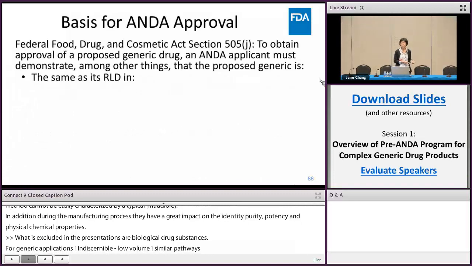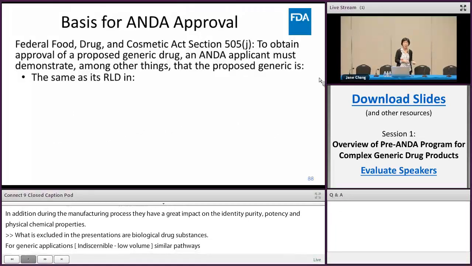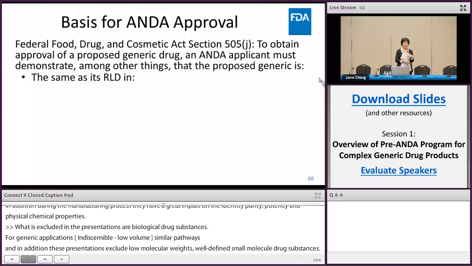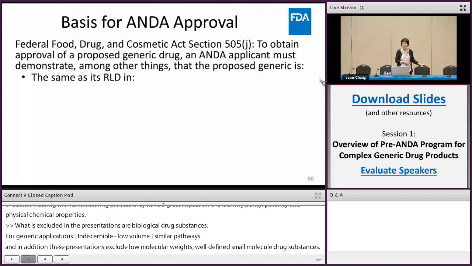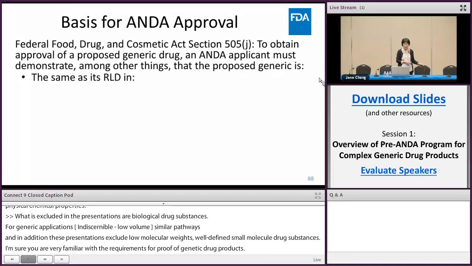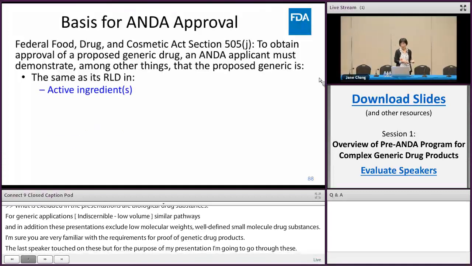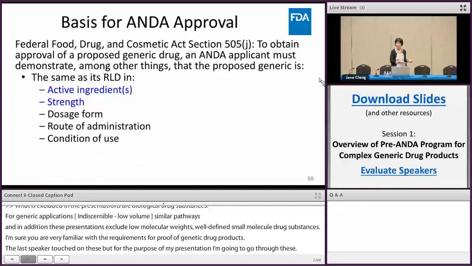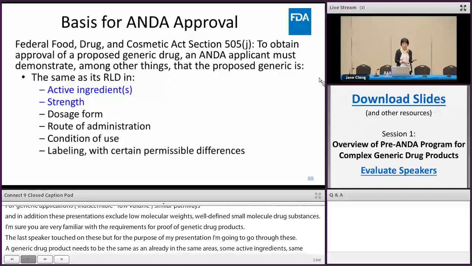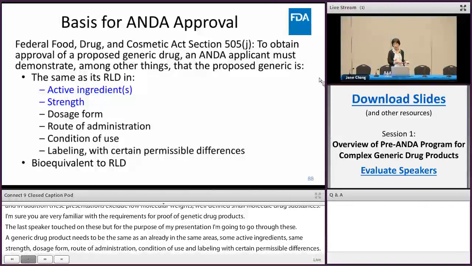I'm sure you are very familiar with the requirements for approval of a generic drug product. Previous speakers have touched on these, but for the purpose of my presentation, I'm going to go through these again. A generic drug product needs to be the same as the RLD in the following areas: the same active ingredients, the same strength, dosage form, route of administration, conditions of use, and labeling, with certain permissible differences. In addition, the generic drug product should also be bioequivalent to the RLD.